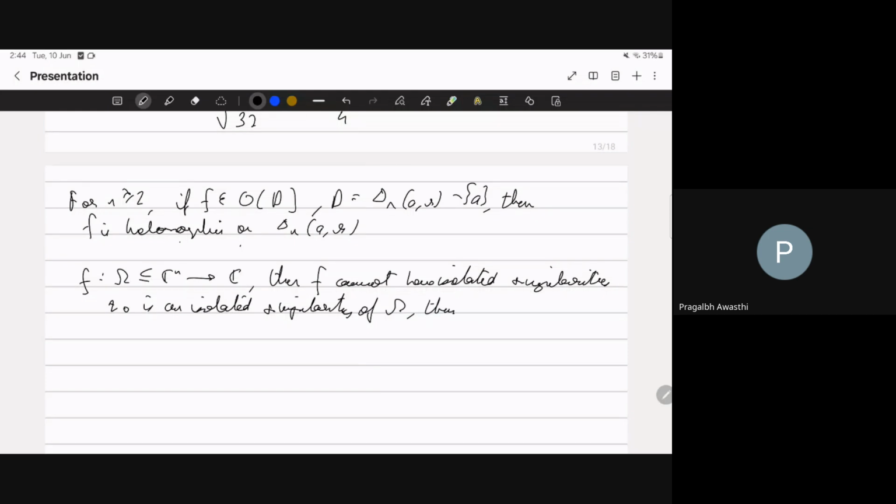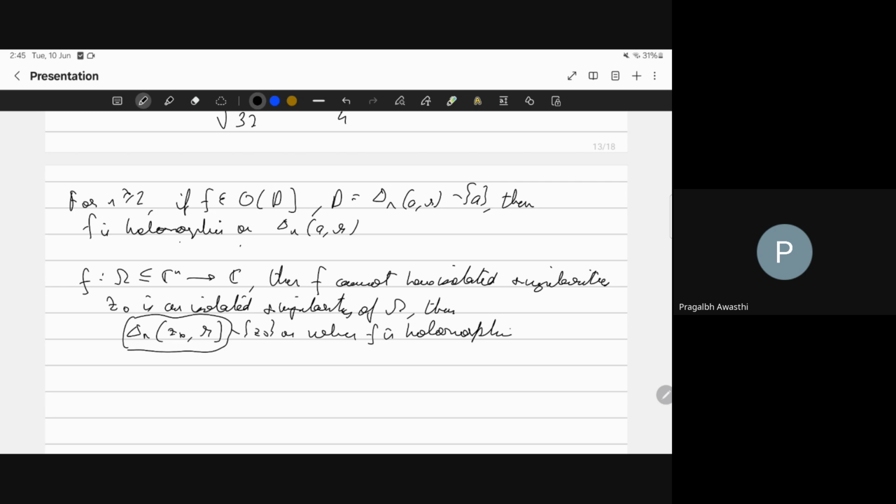Then there will be some polydisk, some open set, around z naught, say of some radius r, minus z naught, on which f is holomorphic. But then by the previous result, that would force f to be holomorphic on the entire set. But that is of course not possible, because z naught is a point of singularity.